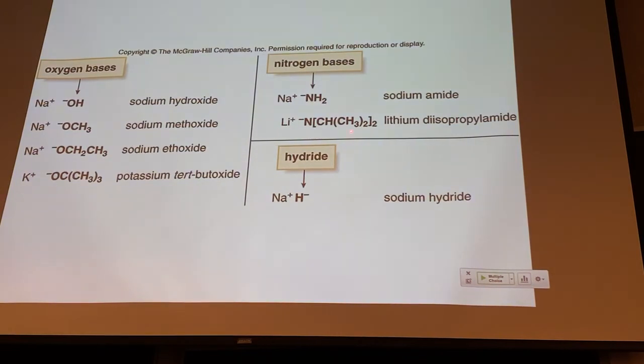Okay. So what's our conjugate acid of NH2 minus? NH3. Conjugate acid of OH minus? Water. Okay, what's a stronger acid, water or ammonia? Water's a stronger acid, therefore its conjugate base is weaker.